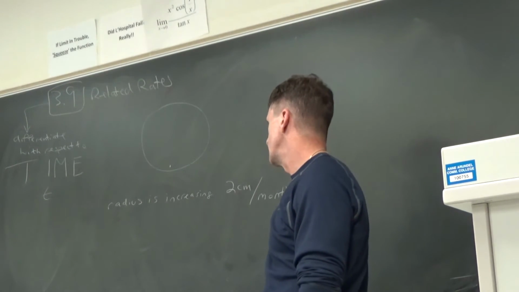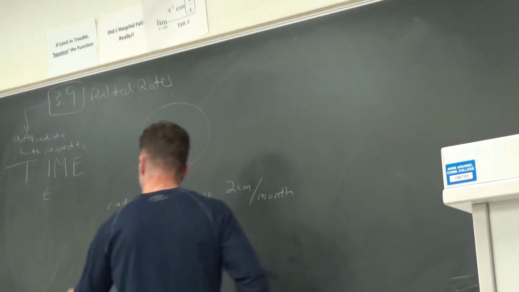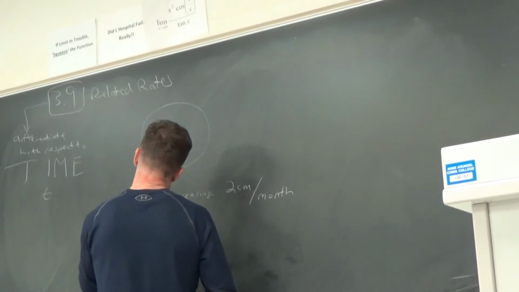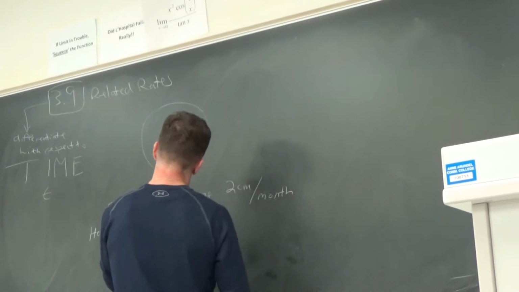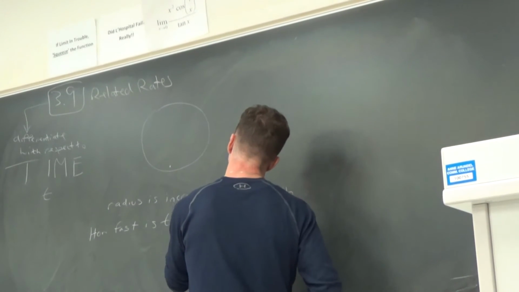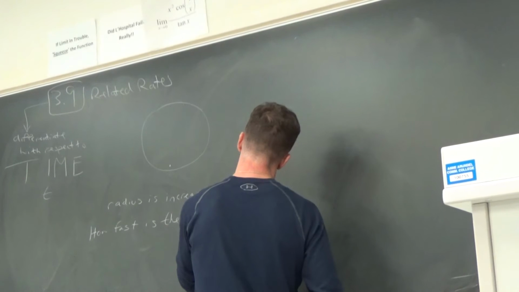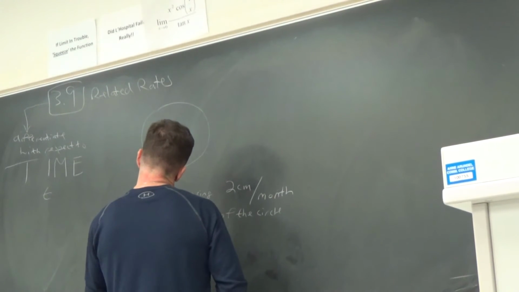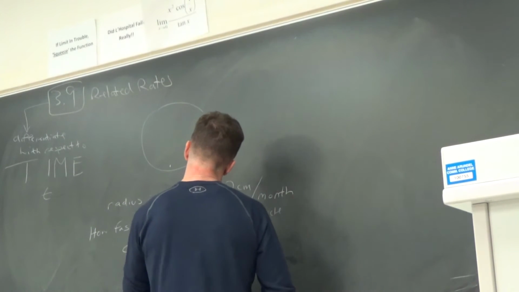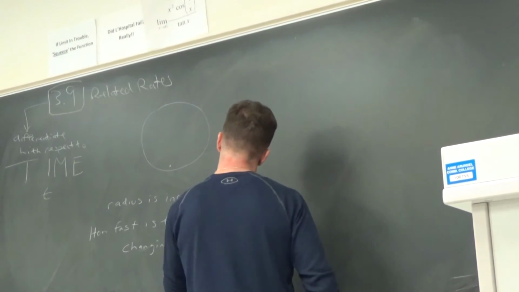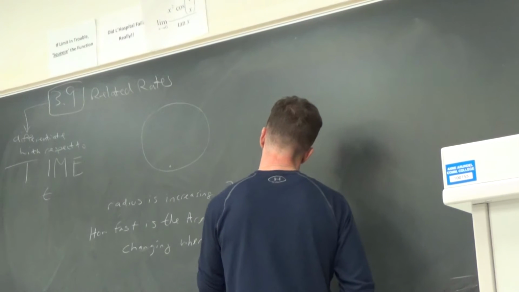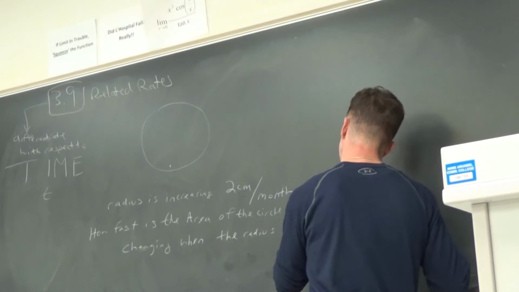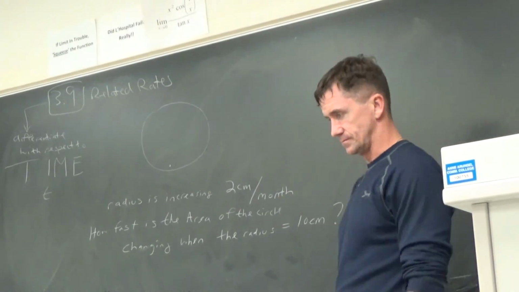All right. And then my question is, how fast is the area of the circle changing when the radius is equal to 10 centimeters? So we'll start with the circle.